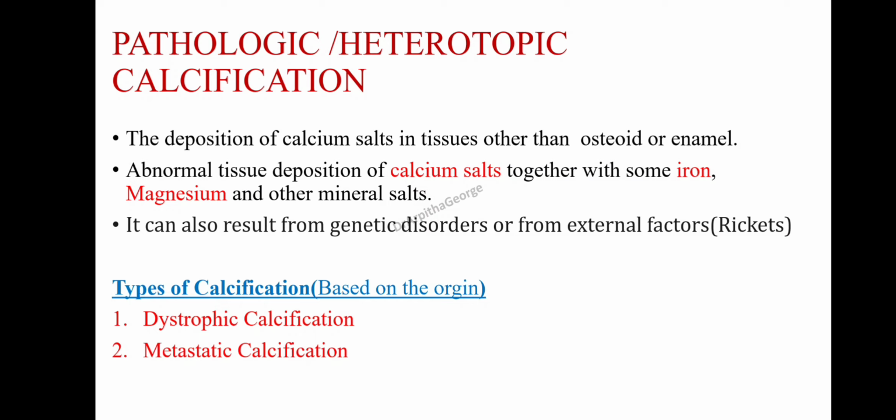It can be disease, injury, aging, inflammation, genetic disorders, or any external factors. That is how pathological calcification happens in our body. So we'll just complete the definition of calcification.